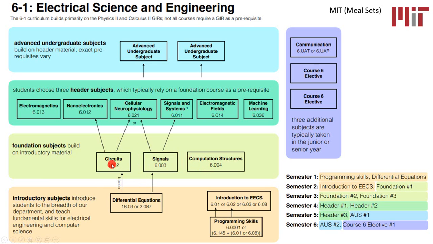So foundational subject is equivalent to the circuit and system and signal and system in EE16 AB in Berkeley. And after that, there are some required courses. You choose 3 of the subjects. That means that you choose 3 fields to work on them. And then after that, there are some more advanced topics and some elective fields.